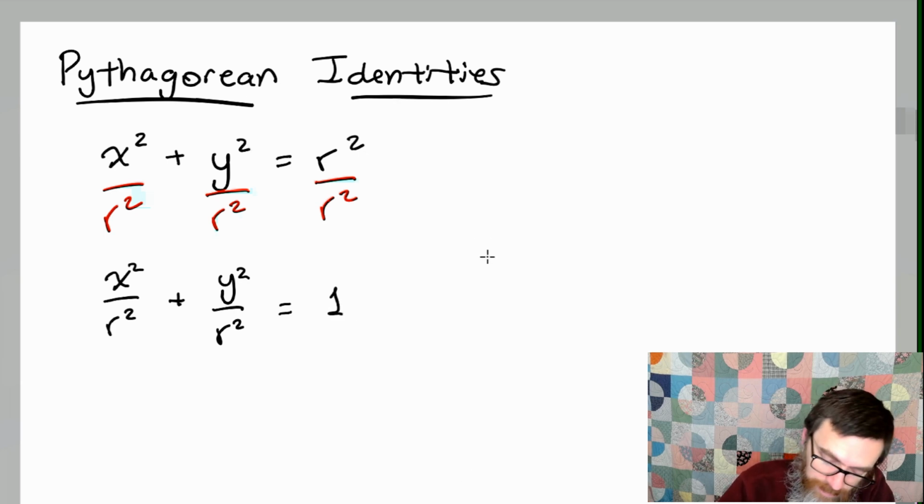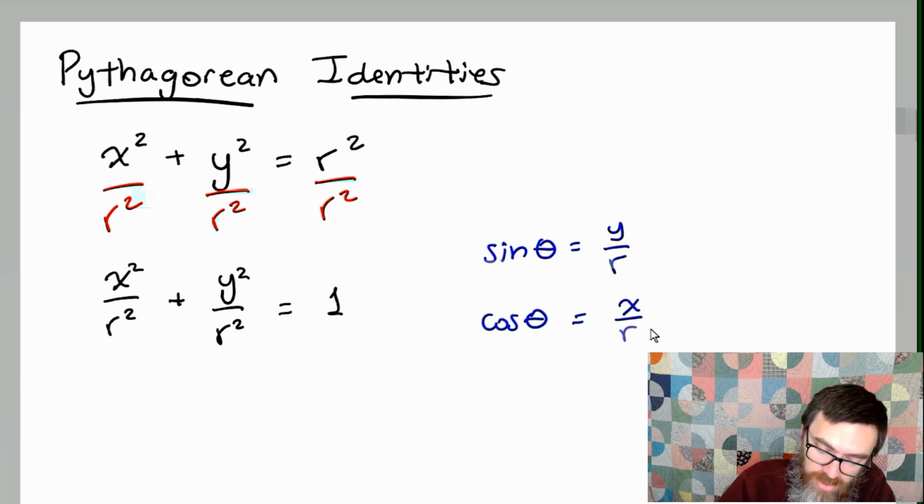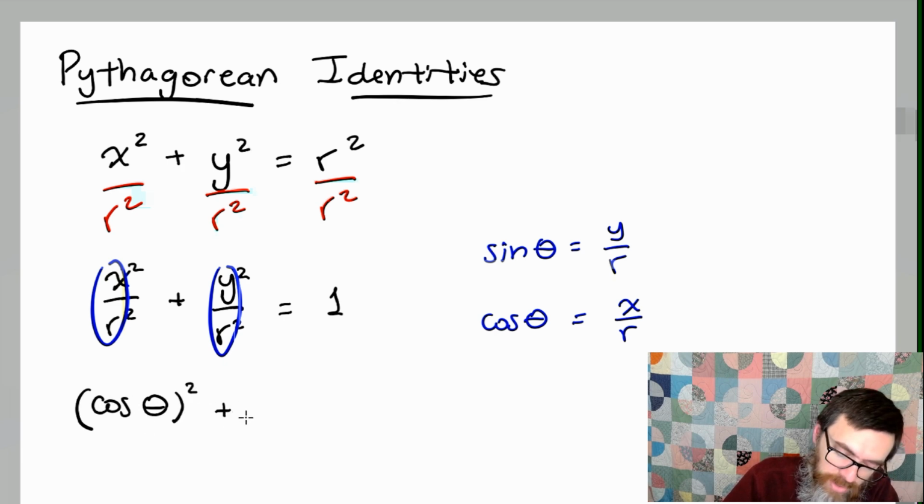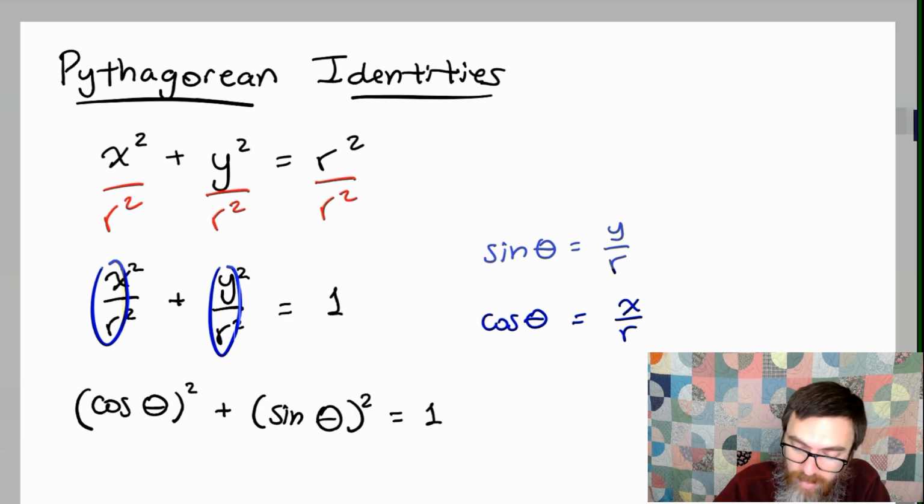Now, remember that sine is y over r, and cosine is x over r. So what we can do is make these substitutions here, and this becomes cosine of theta squared plus sine of theta squared is equal to 1.